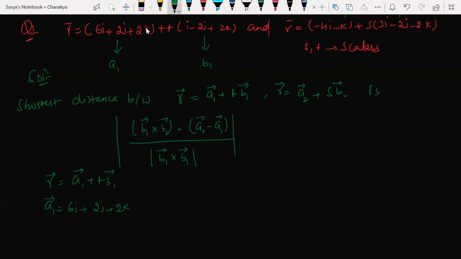For your understanding purpose, I'm writing each and every step. Now, what is one more thing we know? r vector is equal to a2 vector plus s b2 vector.